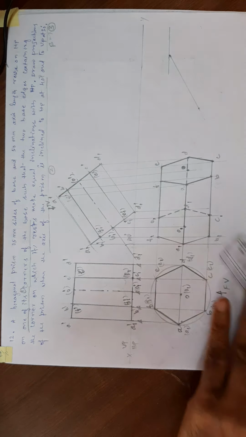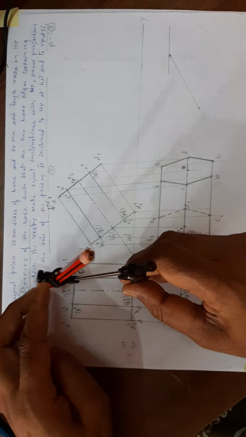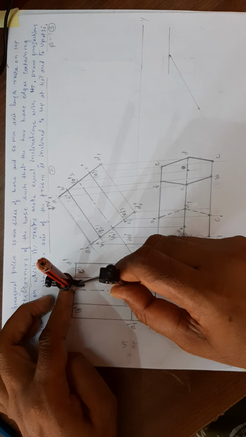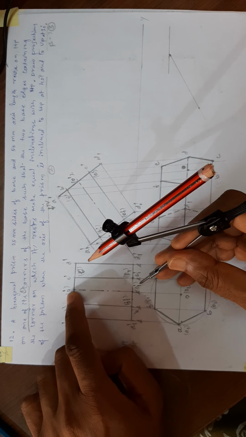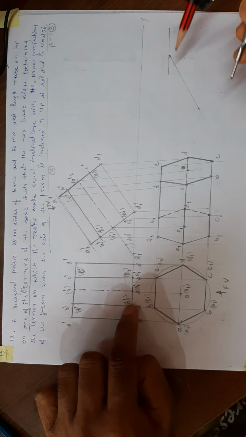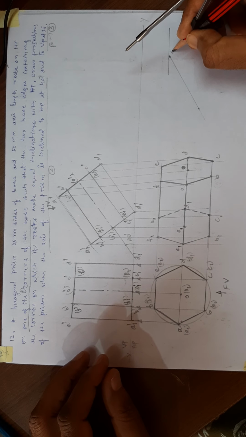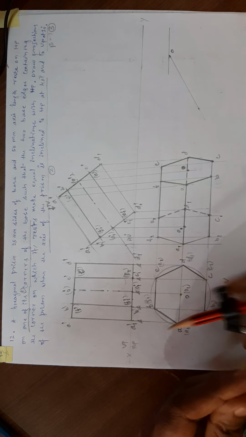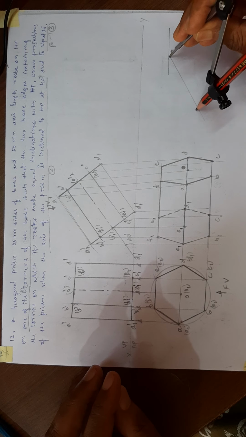Now take the axis length. This is the axis length. Now this is O, this is O1. Cut this with the axis length, keep it and cut there.